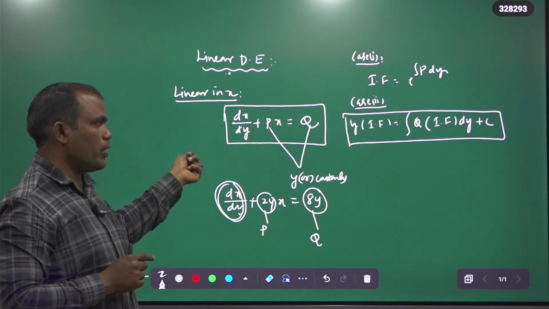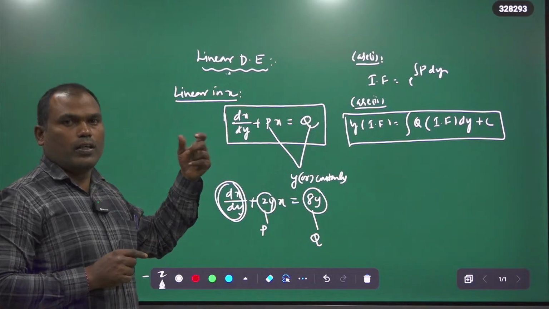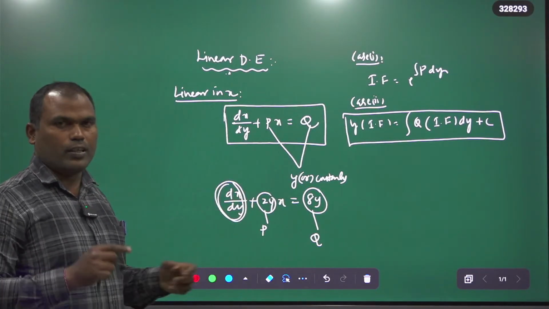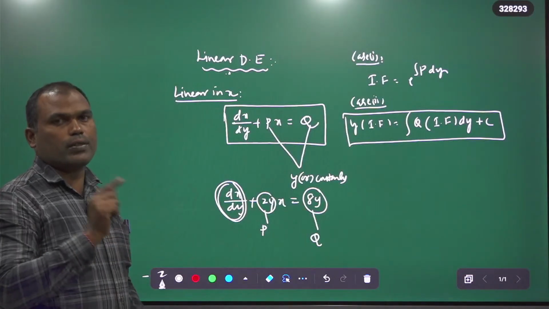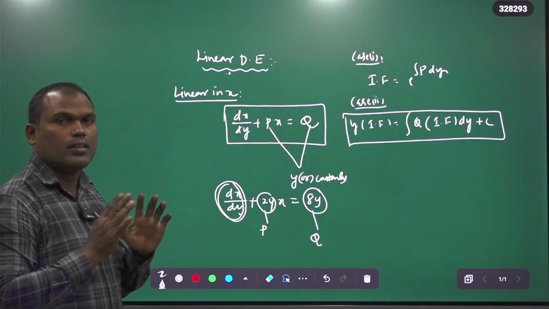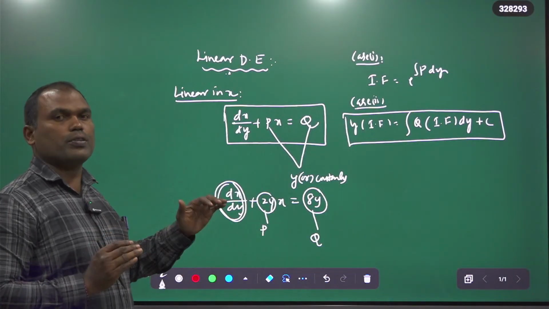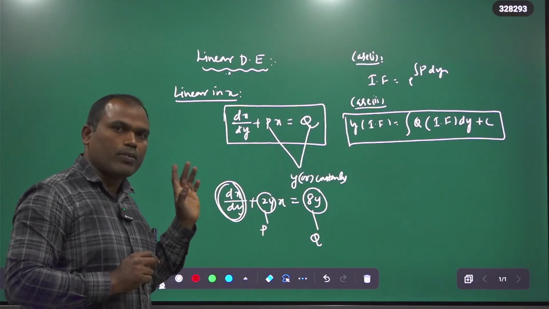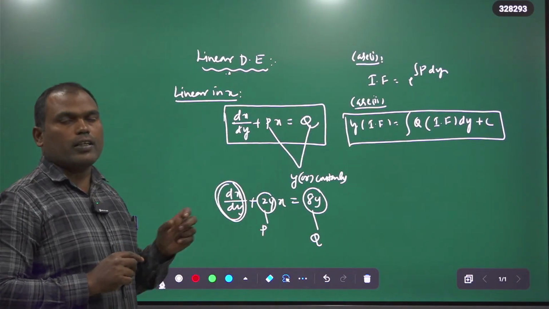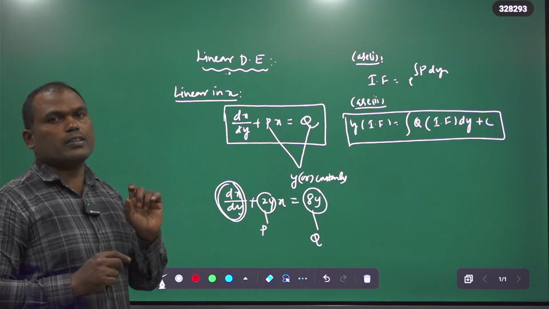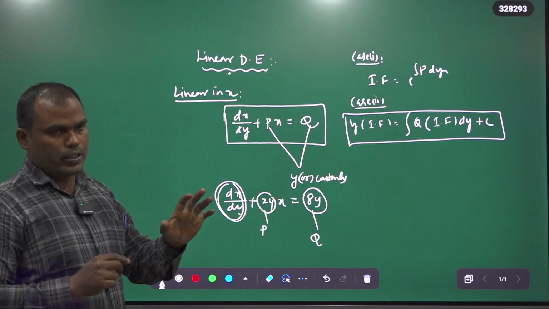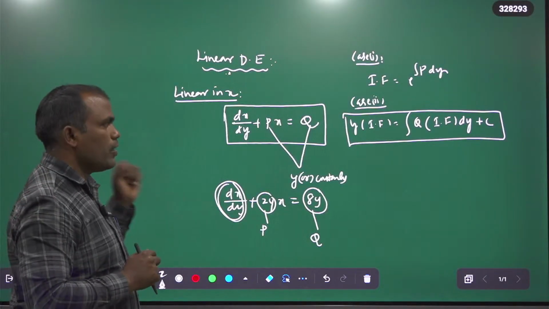If you have dy/dx = f(x,y)/g(x,y), immediately we should put y = vx. How can you know? In the LHS dy/dx is there, so we put y = vx. In the second case, if dx/dy is there, then we put x = vy. After differentiating and simplifying, we get the answer.